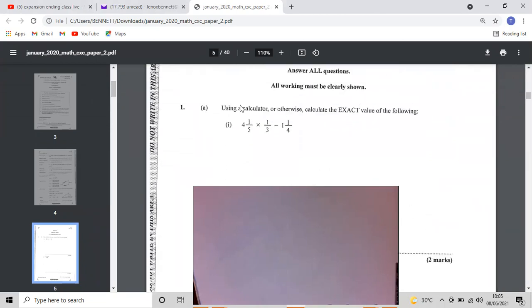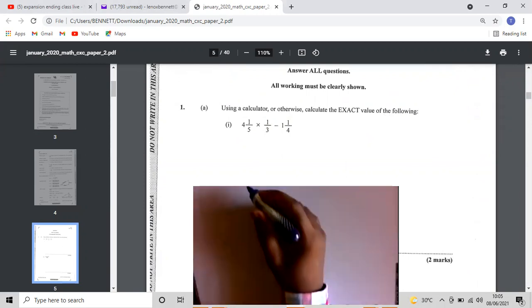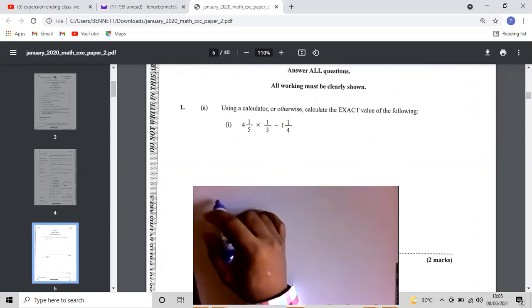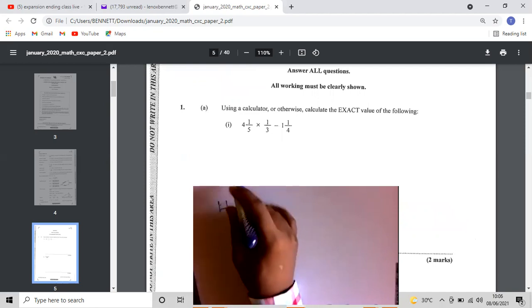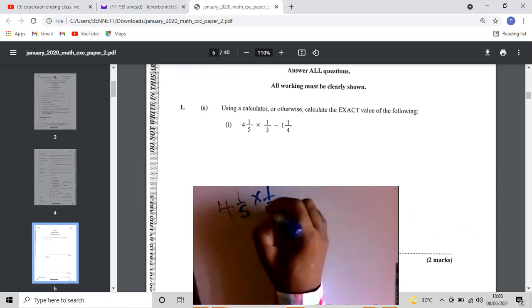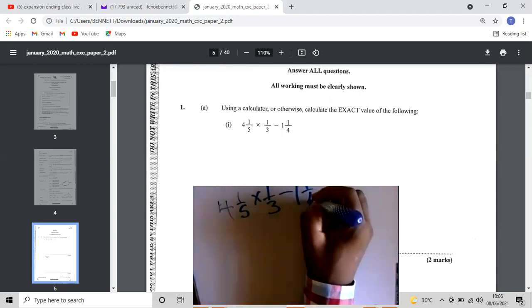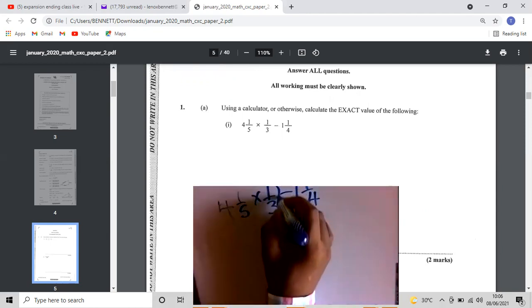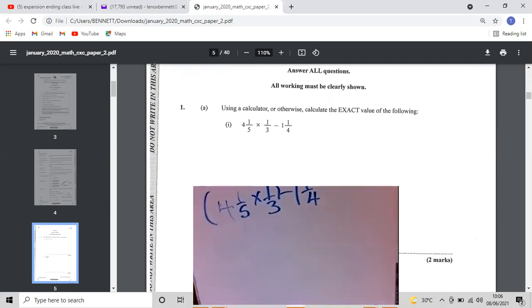For the first one, it says without using a calculator, calculate the exact value of the following. So let us do that. It's a fraction, and usually the first one is a fraction. So we have 4 and 1/3 times 1/3 minus 1/4. Now we must do the multiplication part first, according to the BODMAS rule.